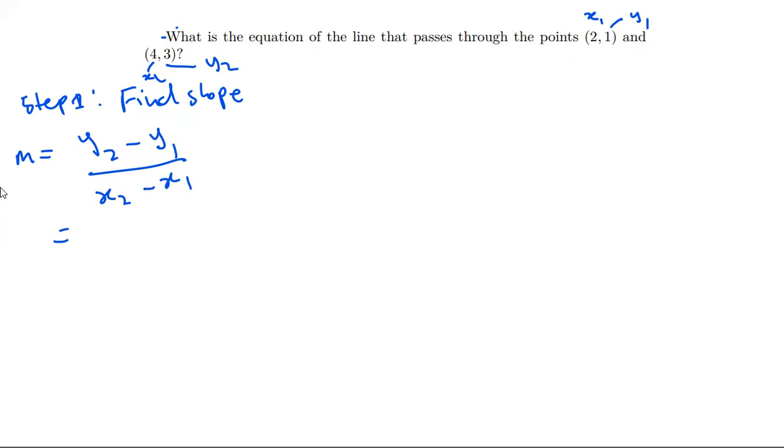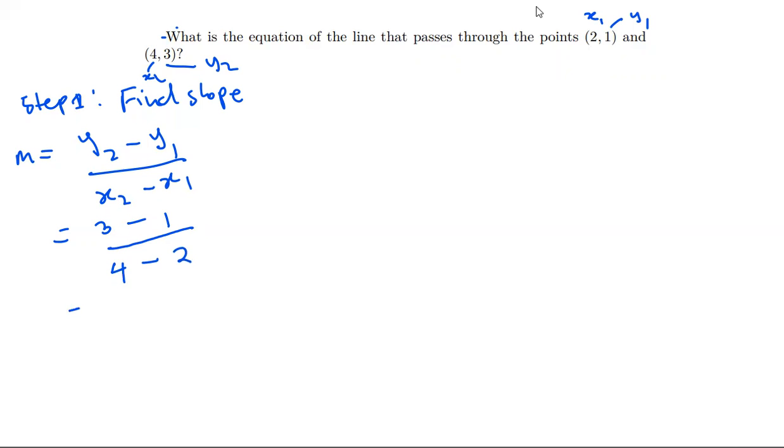Okay, so the value of y2 is 3 minus y1, which is 1, all divided by x2, which is, no, x2 isn't 2 actually. x2 is that value. So x2 is 4 minus x1 when x1 is 2.